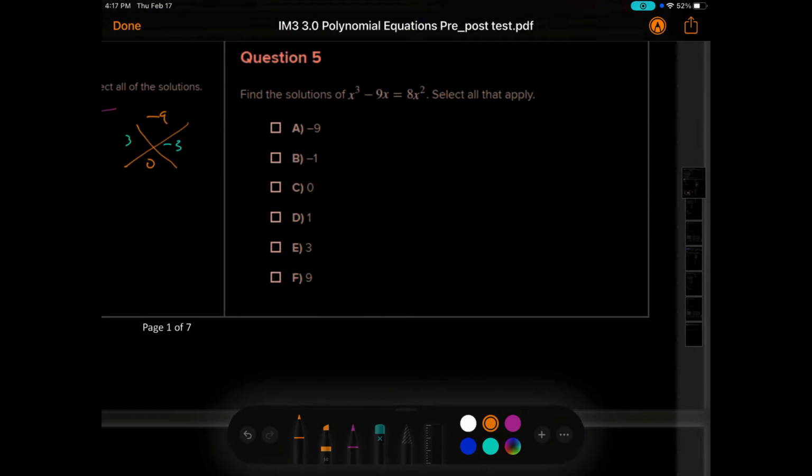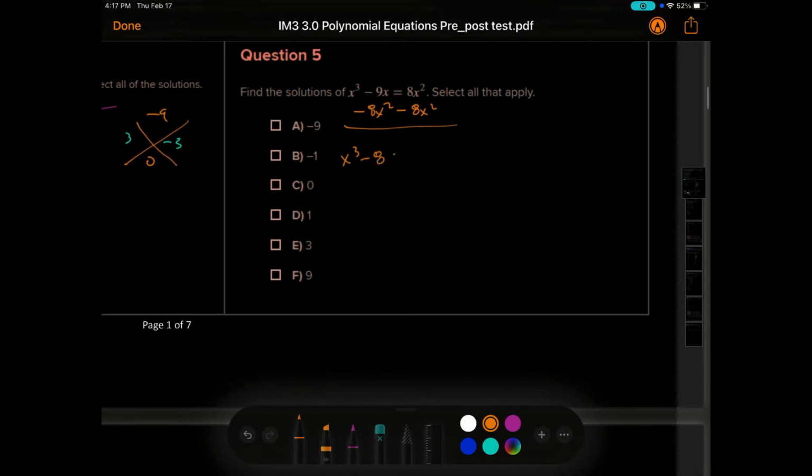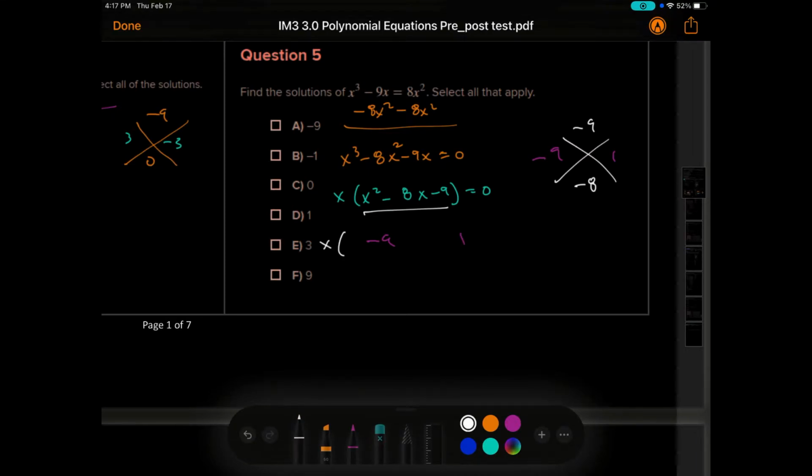Skipped a couple questions here. Find the solutions. You're going to do the same thing. I'm going to set this equal to 0 by subtracting. None of those are like terms. And you'll notice that you can pull out a greatest common factor. Let's pull out an x. And what's nice about that is inside the parentheses, there's a quadratic. The two numbers that multiply are going to be 9 and negative 9. So you have x.